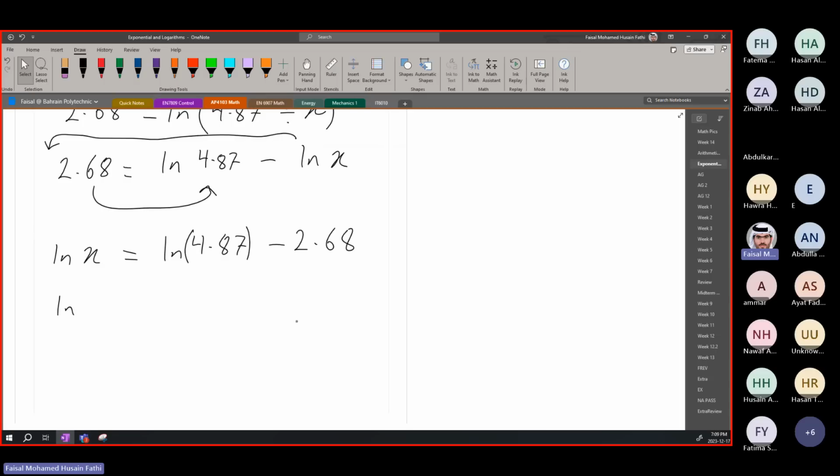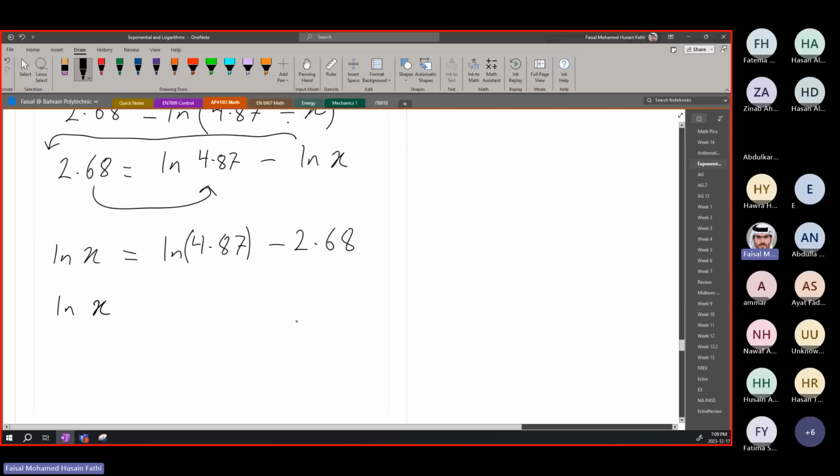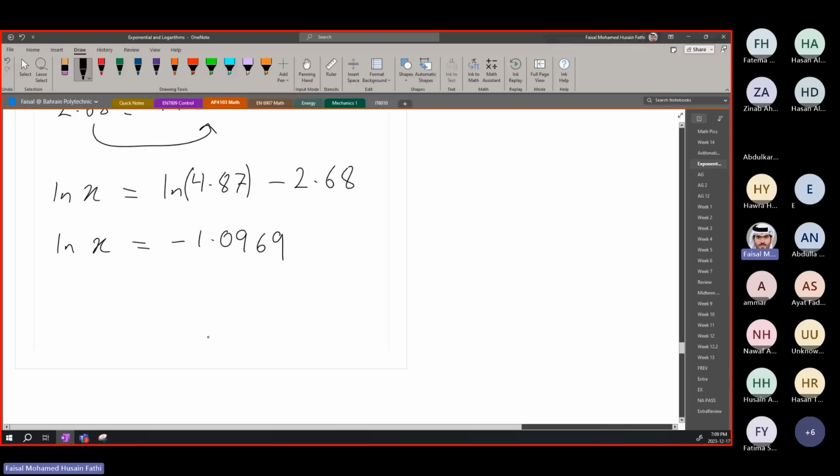Now, ln of x, what does this mean? Let's first solve for this. Let's put it in the calculator. ln 4.87 minus 2.68. This is going to give minus 1.0969. Okay. What does ln x mean? How do we turn this into exponential form? Again, this is simply the same as log base e of x is equal to the power, which is minus 1.0969.